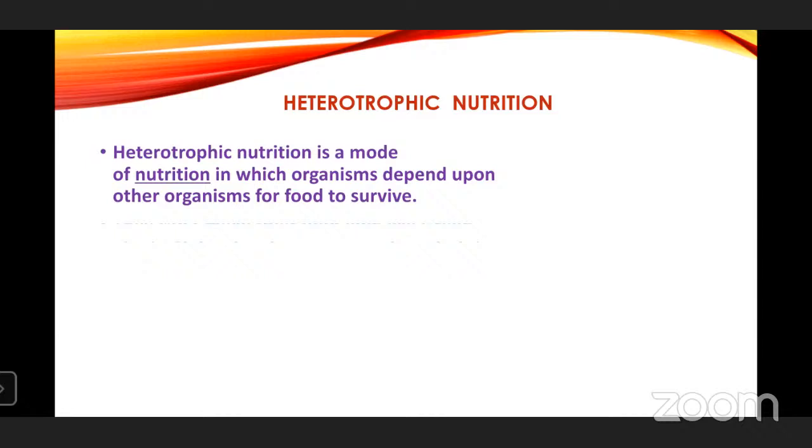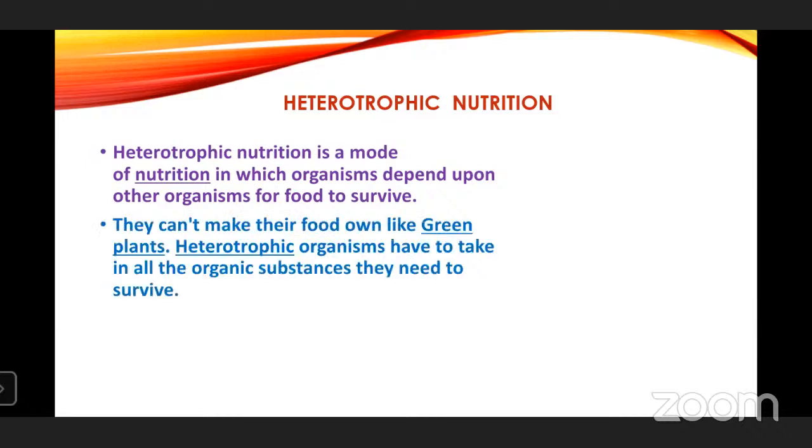Heterotrophic organisms can't make their own food like green plants.